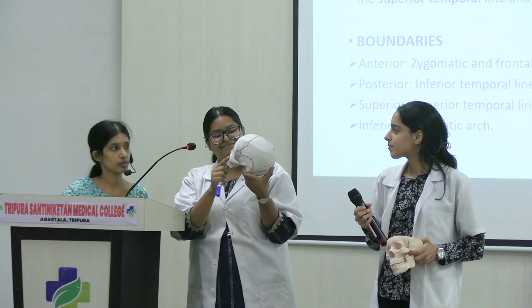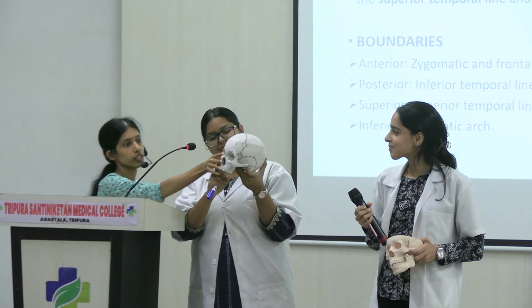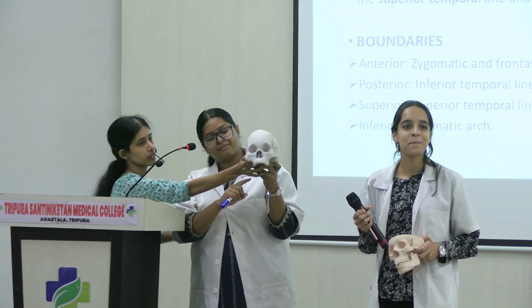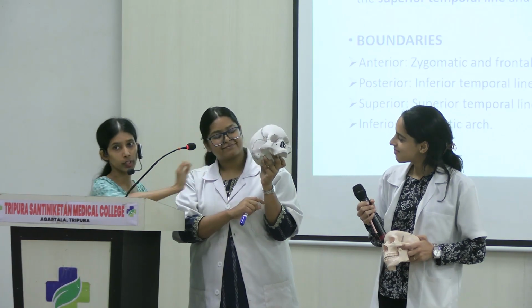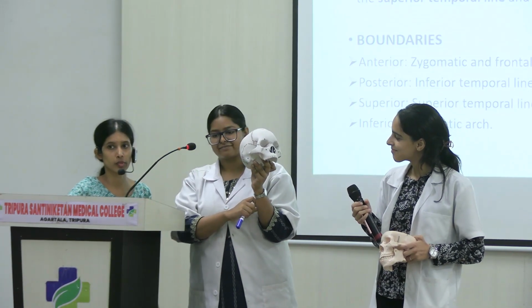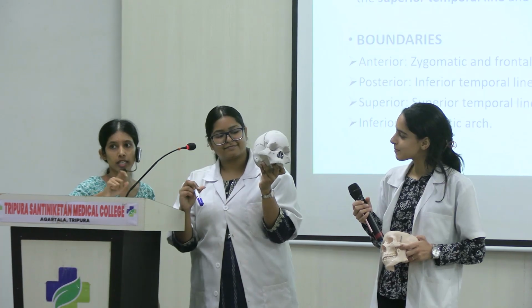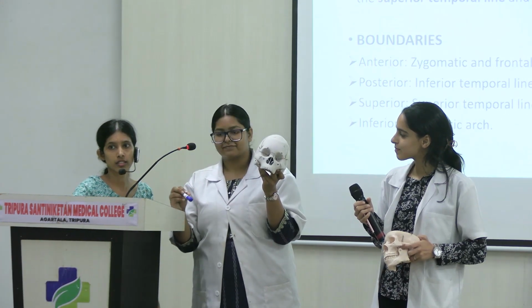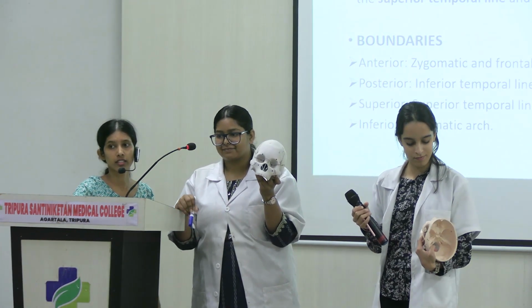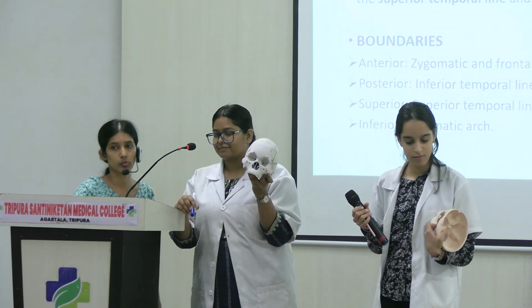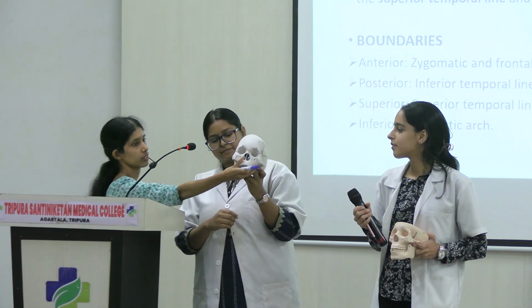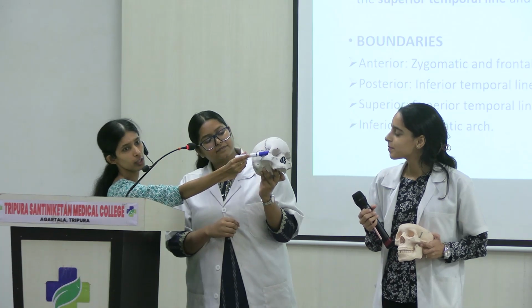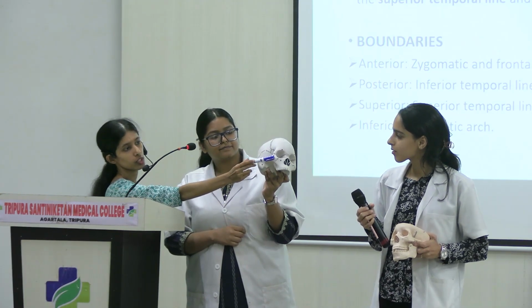Okay, fine. And what is this bone called? Sphenoid bone. Which part of sphenoid bone? There are few parts. This one is greater wing of the sphenoid bone. Okay. Turn. This is the greater wing of your sphenoid bone. What about this bone?